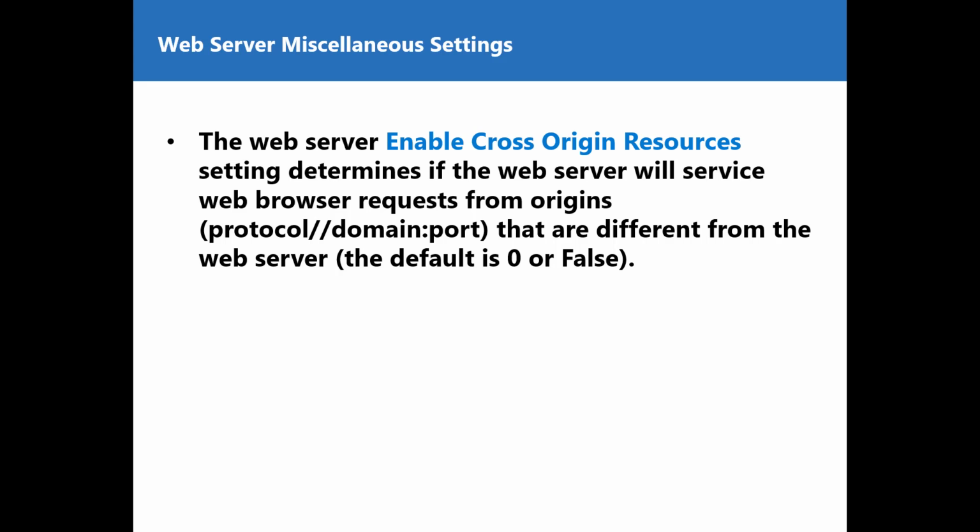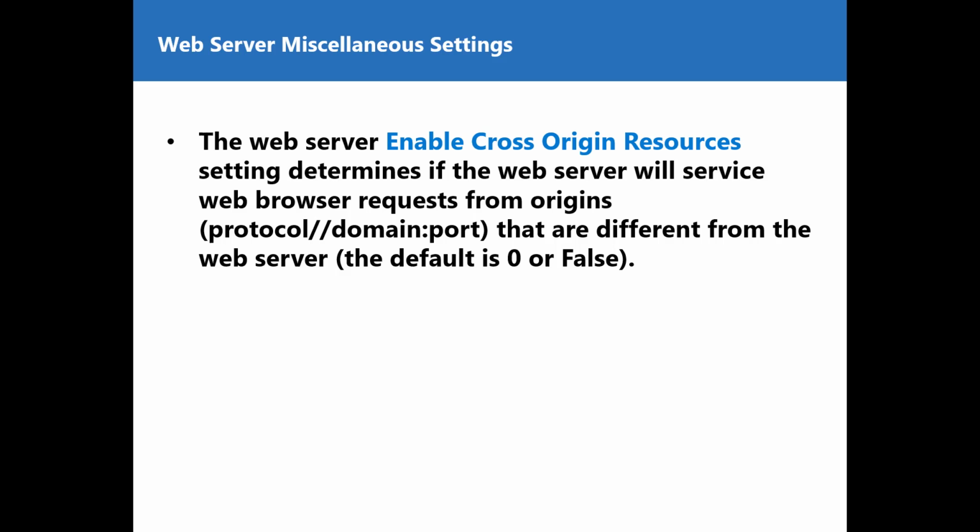Miscellaneous settings. There is basically only one miscellaneous setting for the web server, and that is the Enable Cross-Origin Resources setting. What this does is determine whether the web server will respond to requests that are cross-origin and respond to them affirmatively and allow them to go through.